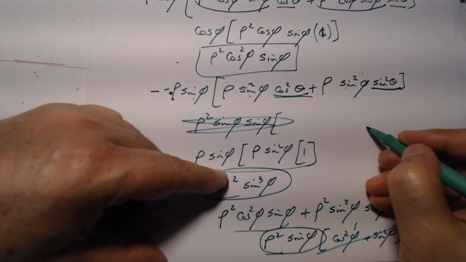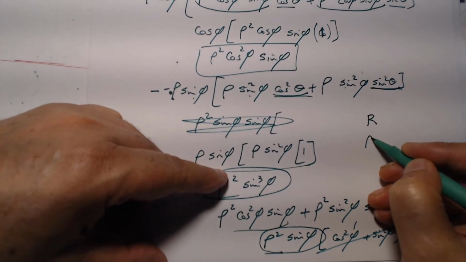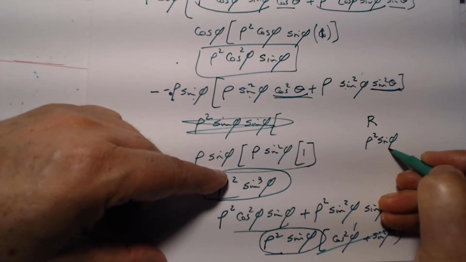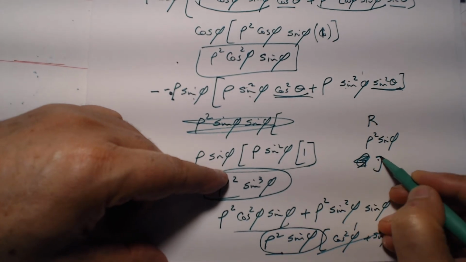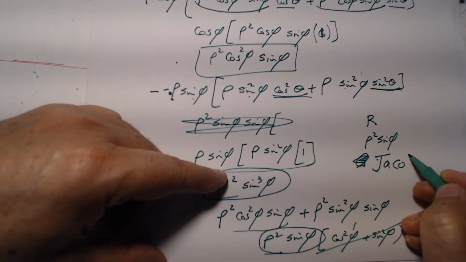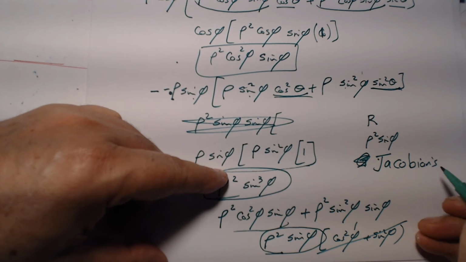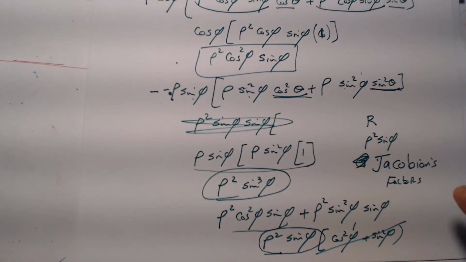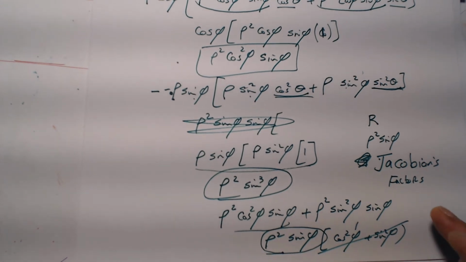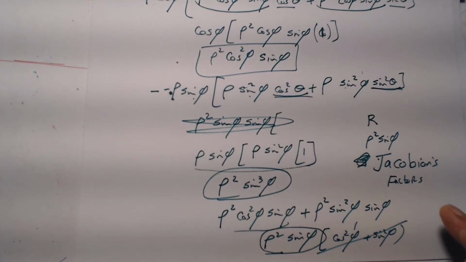These all, the rho squared sine of phi, these are called Jacobian factors. Jacobian is named after a German mathematician called Jacobi.